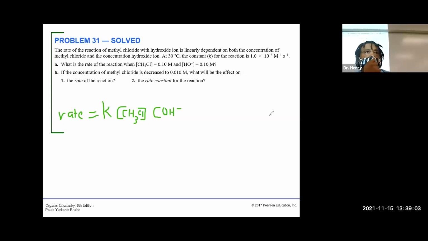Linear meaning that, if you remember, when we were talking about rate laws, they could be exponential. They could be to the second power, the third power, though that's rare, or even the fourth power. In this case, it's linear. So the rate is going to increase as this one goes up, and the rate increases as that one goes up, which means both are to the first power.